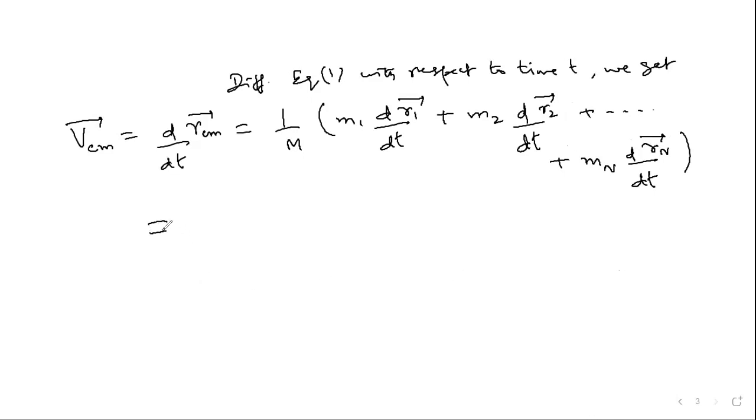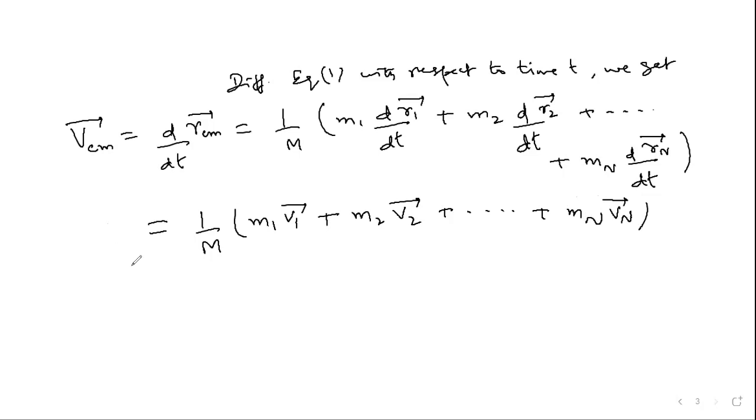Or I can write it 1 over m1 v1, because v1 is the time derivative of R1, velocity of particle 1, plus m2 v2 plus so on plus mn vn.